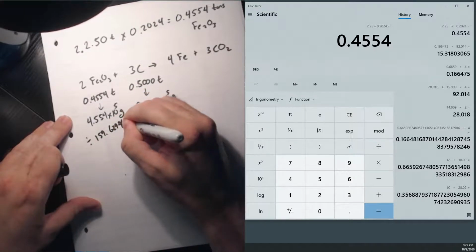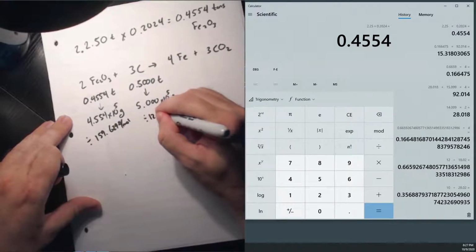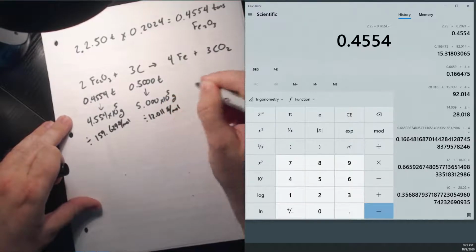159.629 grams per mole, and 12.011 grams per mole.